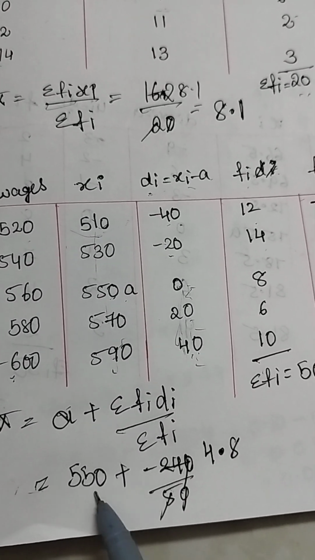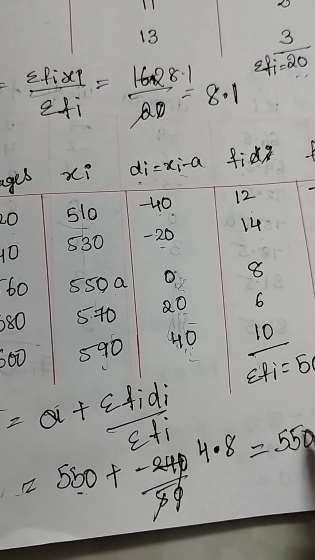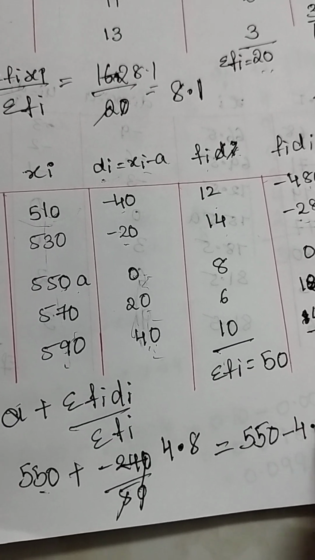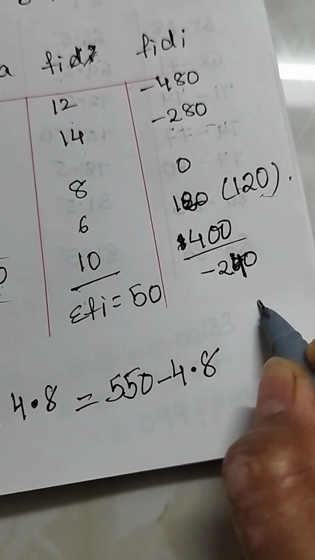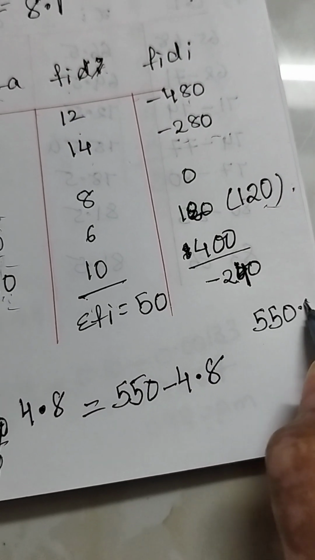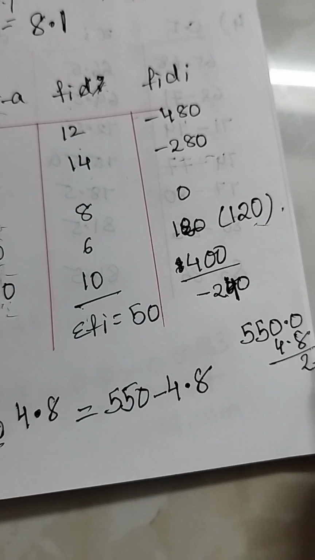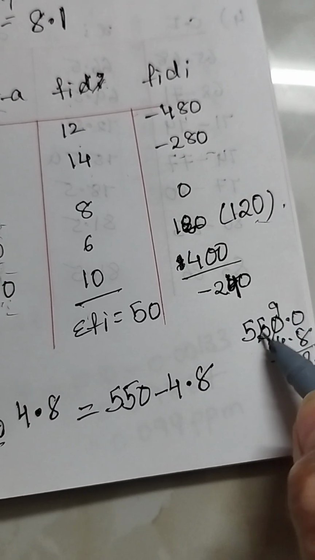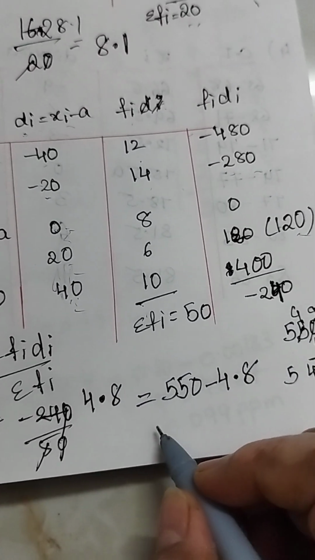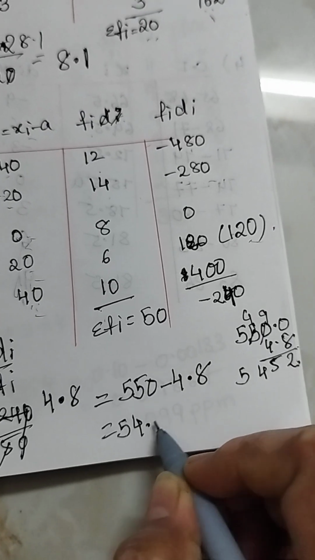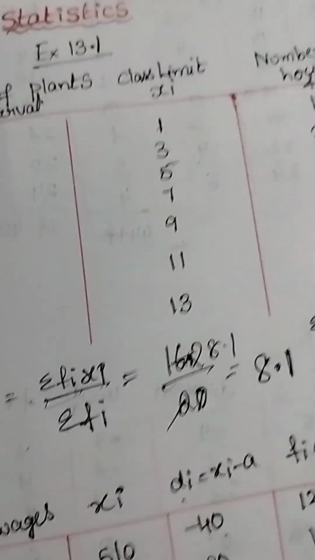So 550 minus 4.8 you should do. If you do the subtraction, the answer is 545.2. This is for the second sum.